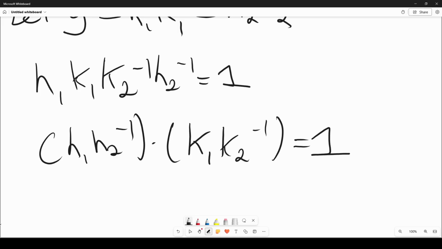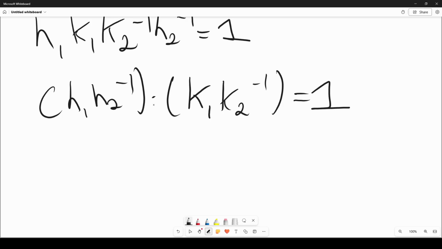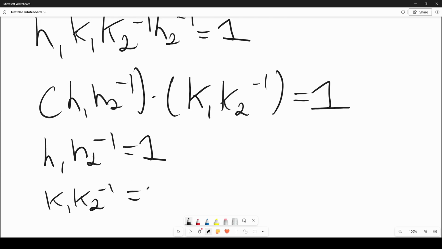But remember, we just proved that if something in H times something in K is the identity, then h1 h2 inverse is the identity and k1 k2 inverse is the identity. And of course, this implies that h1 equals h2 and k1 equals k2, as desired.